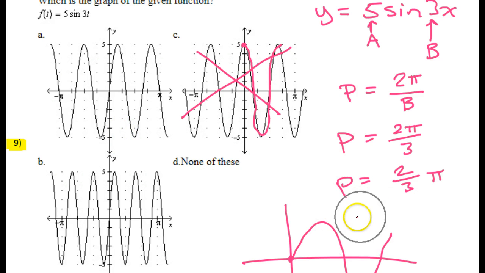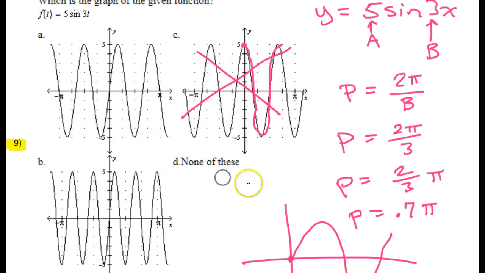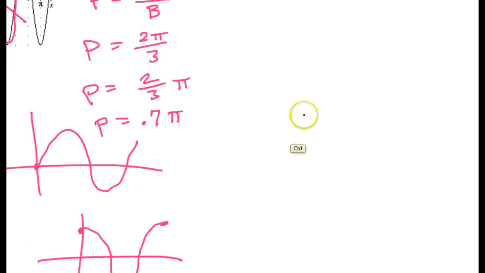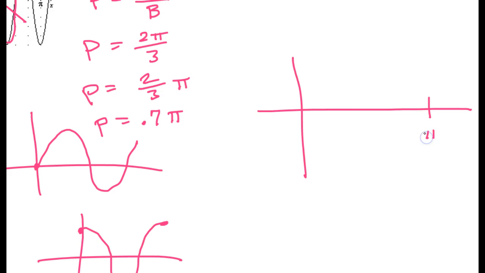Now, getting back to the period. 2/3 is about 0.7 pi. It's a little bit less than 0.7. So understand this. When I do my little marks, if this is pi, normally I say that this is pi over 2.